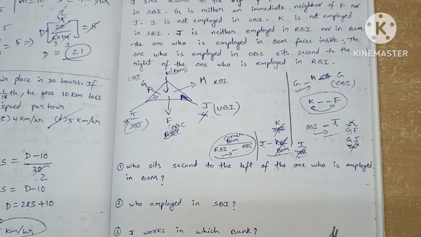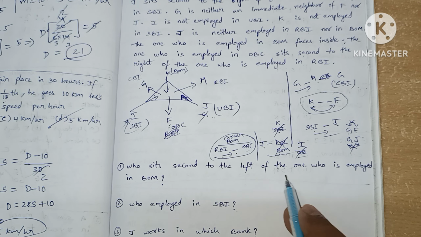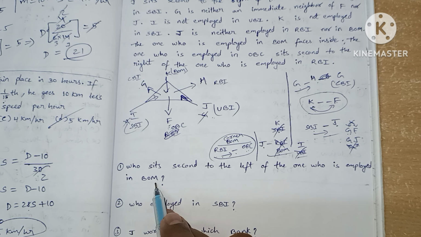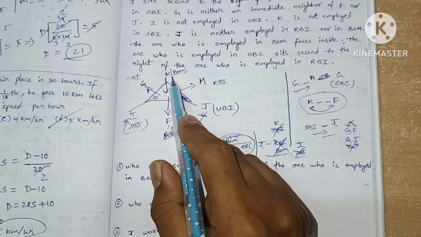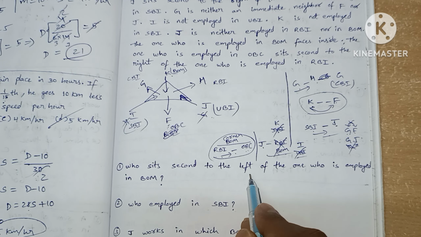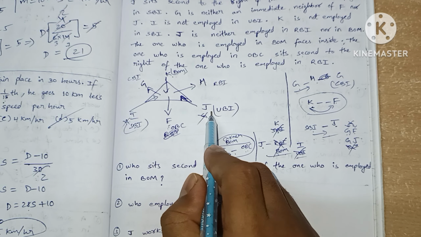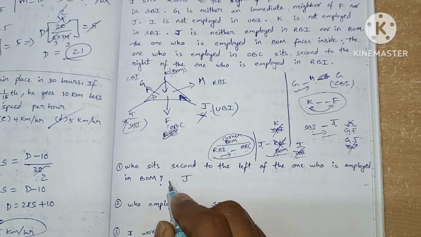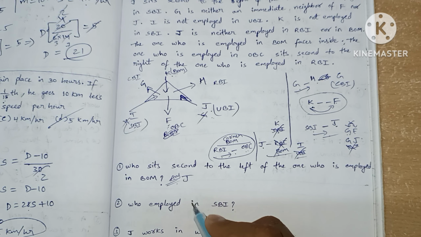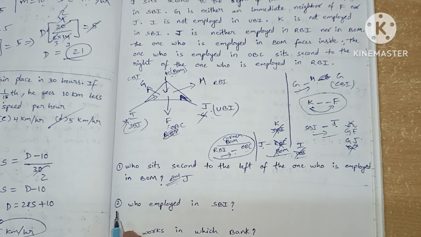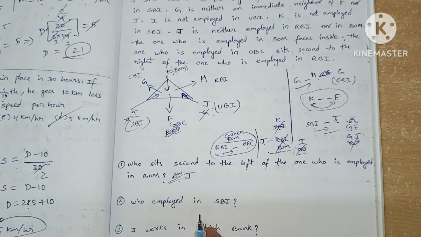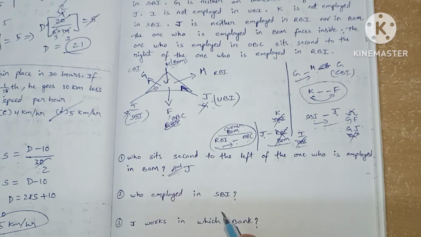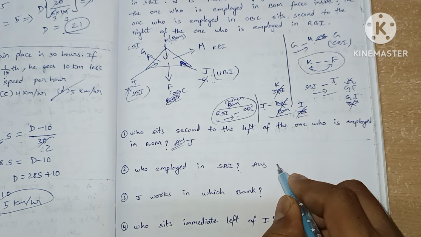Let's see the questions. Who sits second to the left of the one who is employed in BOM? BOM is K, and the second to the left is J. So the answer will be J. Who is employed in SBI? I is employed in SBI.